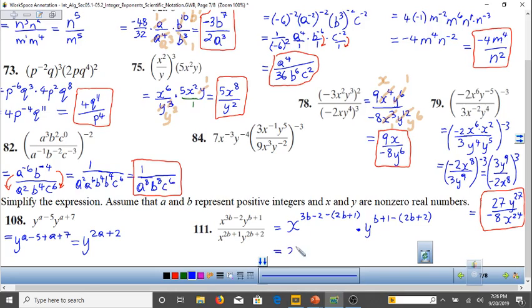So we get x to the 3b minus 2 minus 2b minus 1, and then y to the b plus 1 minus 2b minus 2. Continuing with that, 3b minus 2b is b, so we get x to the b, and negative 2 minus 1 is minus 3.